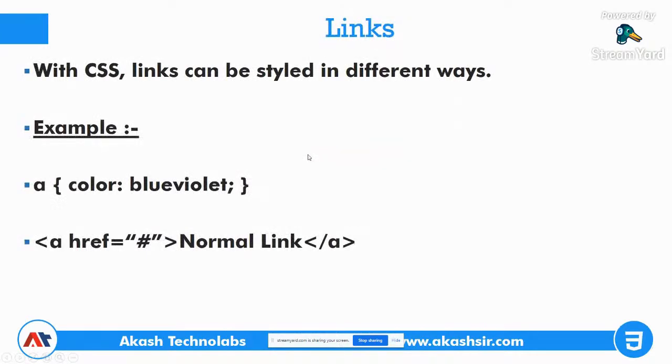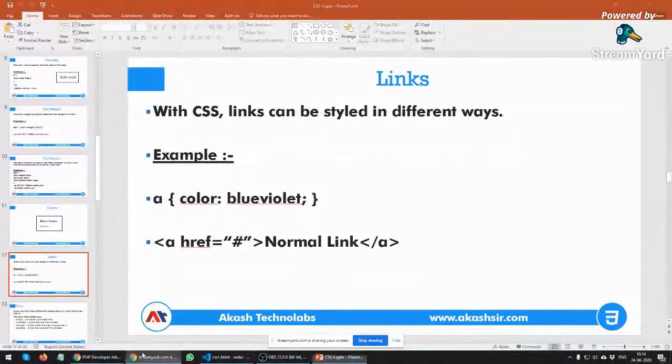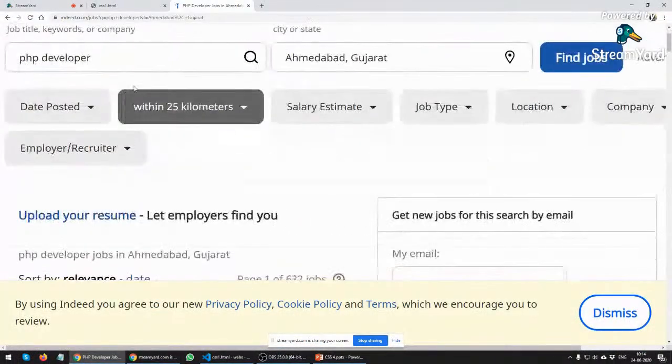Okay. Links, you know very well, whenever you are defining a link in your website, for example hyperlinks, by default it will display a blue color. If I click on the particular link, the color will be changed, right? If you want to specify some different colors for the hyperlink, here you can see in Indeed, the hyperlink color is a different one, not the actual one, right?